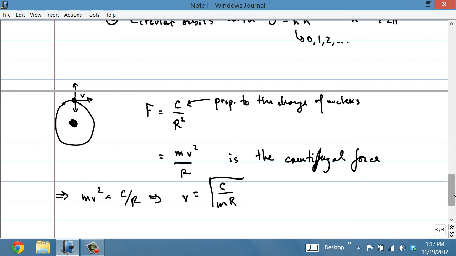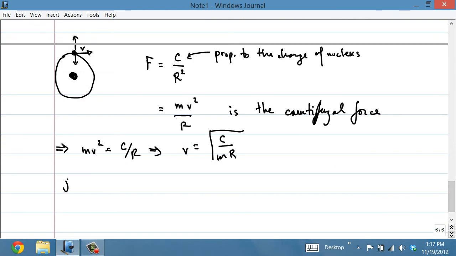And Bohr's rule says that the angular momentum J, what is that? Well, that's mvr.